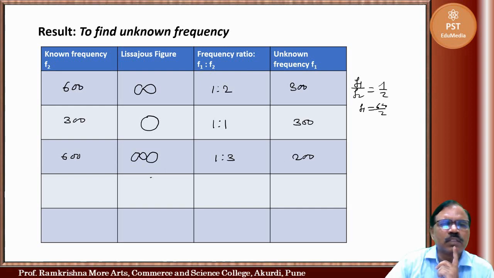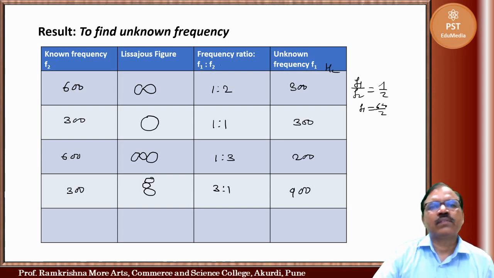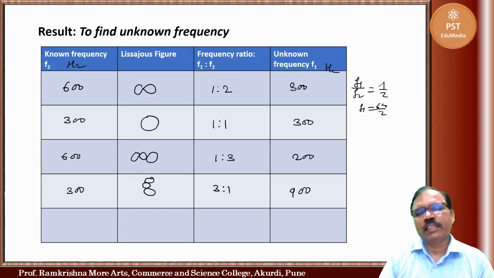We also demonstrated 3 loops along the x-axis, and here the frequency was 300, frequency ratio 3:1, so the unknown frequency is 900 Hertz. These are in Hertz. So this is about the demonstration of Lissajous figures and finding the frequency of an unknown source using Lissajous figures.